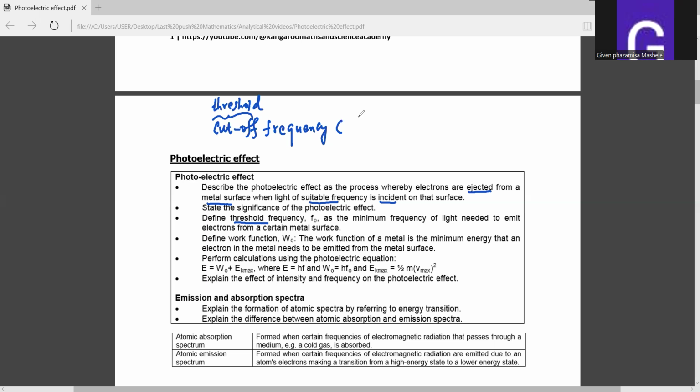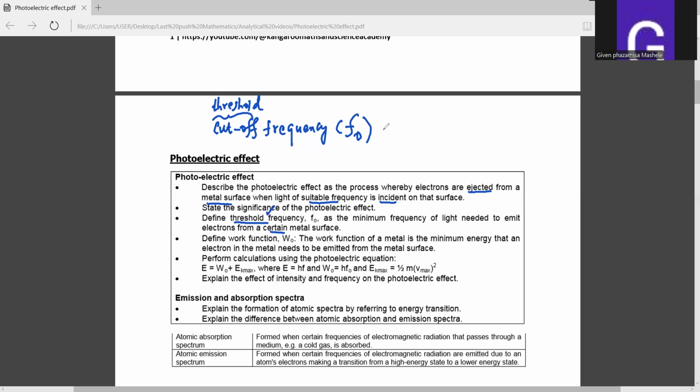The cutoff frequency is represented by the symbol f0, which is the minimum frequency of light needed to emit electrons from a certain metal surface. That minimum frequency of light needed to eject electrons from a metal surface is called the cutoff frequency or the threshold frequency.